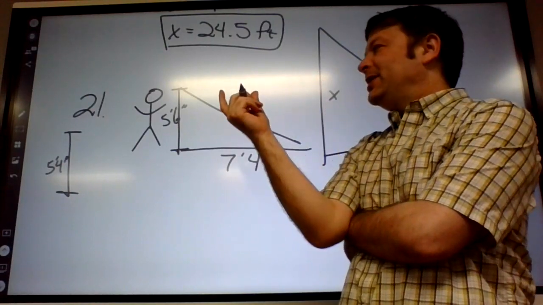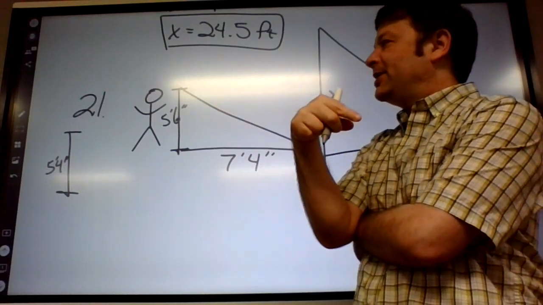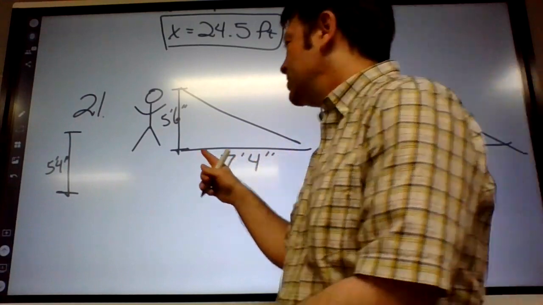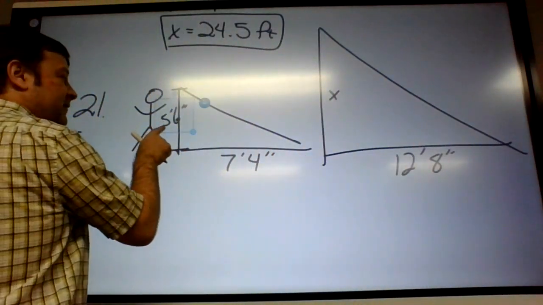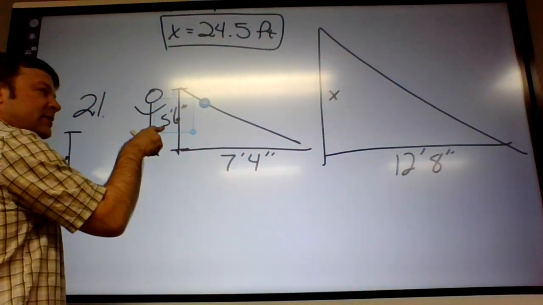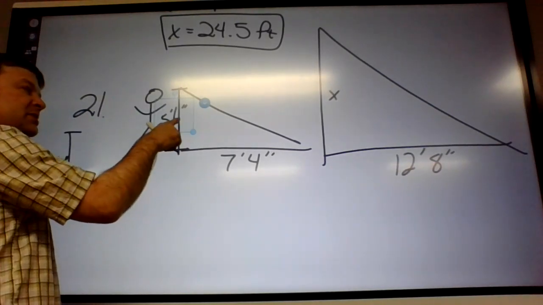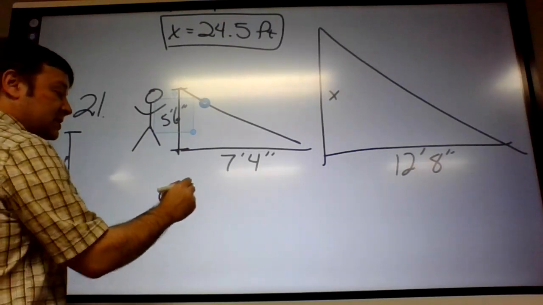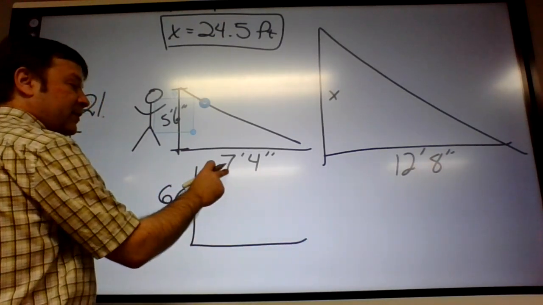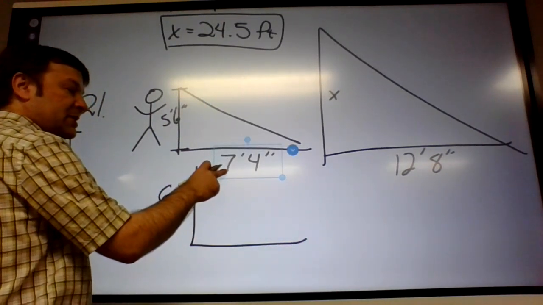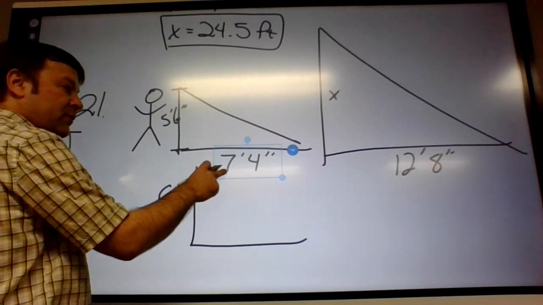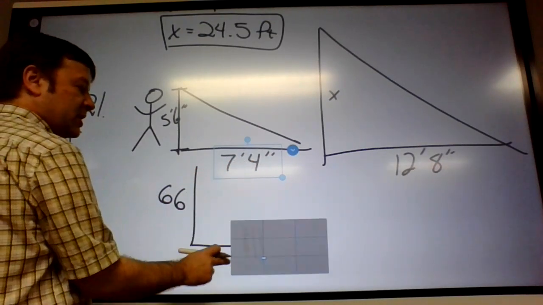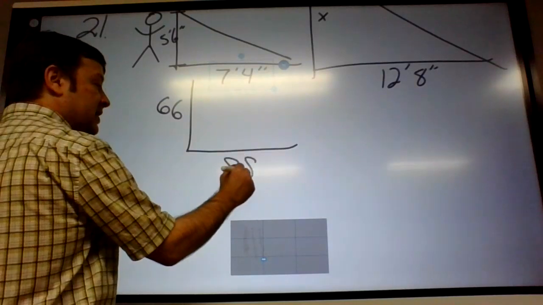Probably converting them to inches and then at the end turning them back into feet. That's probably the best way to go. So each of these 5 feet is worth 12 inches. 5 times 12 inches is 60 inches, plus the 6 inches that we already have is 66. Okay, and then for the 7'4", 7 feet times 12 inches is 84, plus the 4 inches we already have is 88 inches.